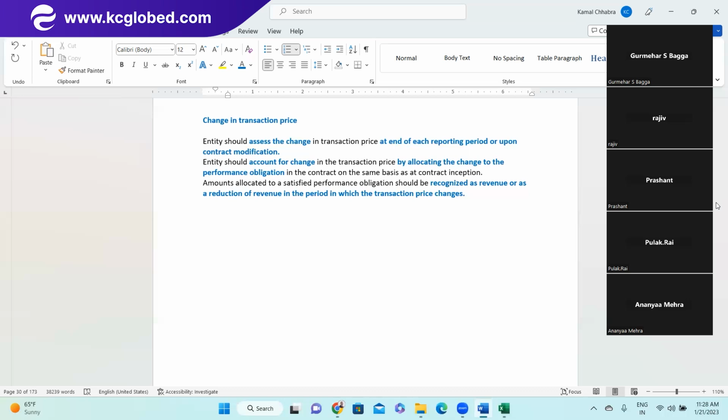So only the price will change. But when there is a change, you need to look at whether there is a change in only price, a change in scope, or a change in scope and price. So at the time of modification, you need to do a relook. If there is no change, then it's okay. If there is, then you need to consider it. Make sense? Yes, sir.